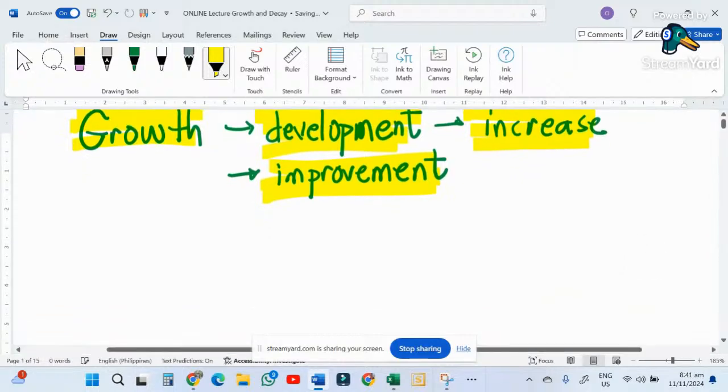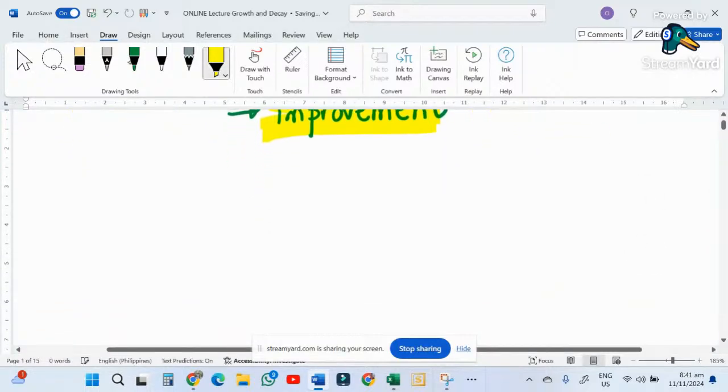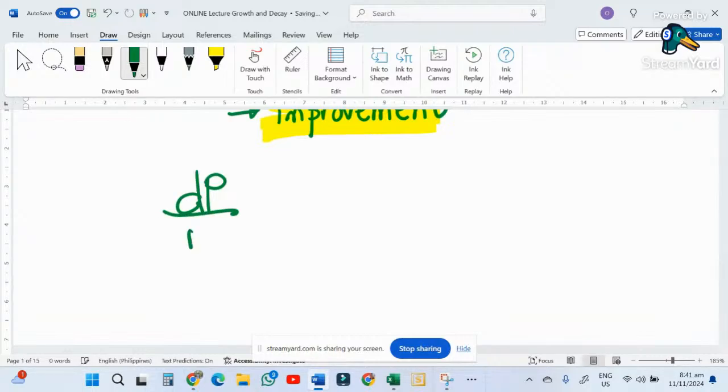Okay, now with that, the differential equation that we're going to use for growth would be dP/dt = kP.